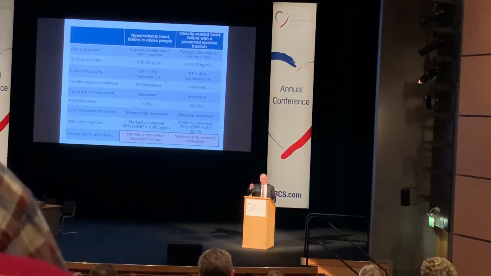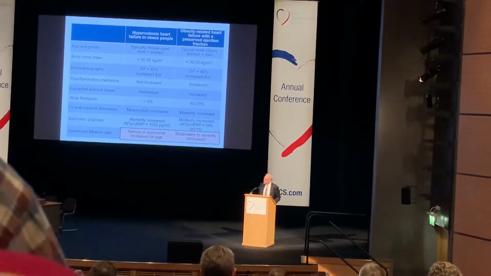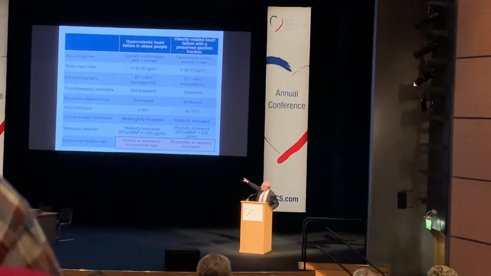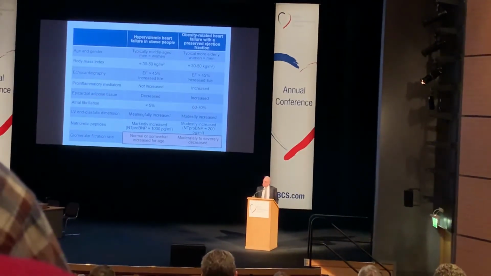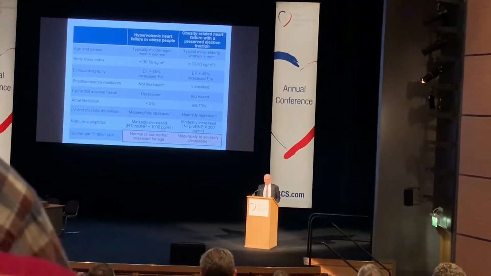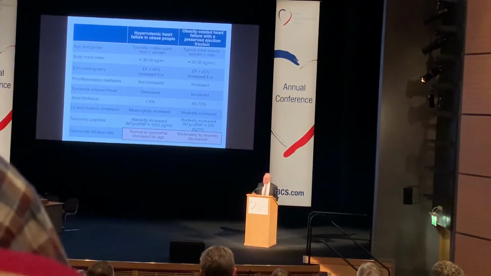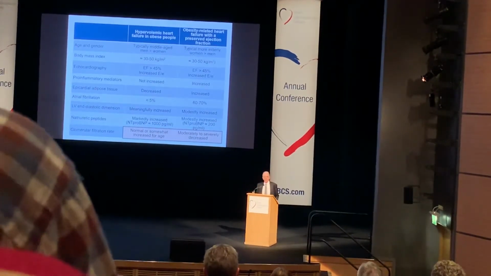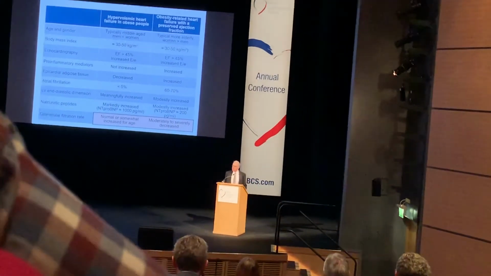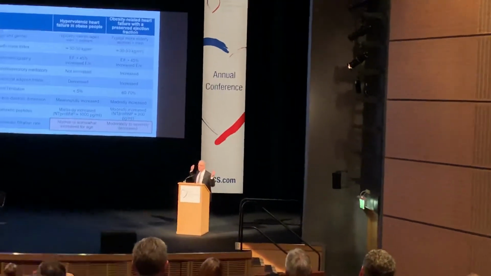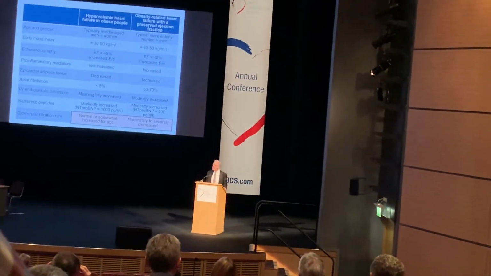But it's a reasonably easy hypervolemic state to pick up because natriuretic peptides are typically a bit elevated. The really hard diagnosis is the one on the right, because the natriuretic peptides are not markedly elevated. The ejection fraction is in the normal range.